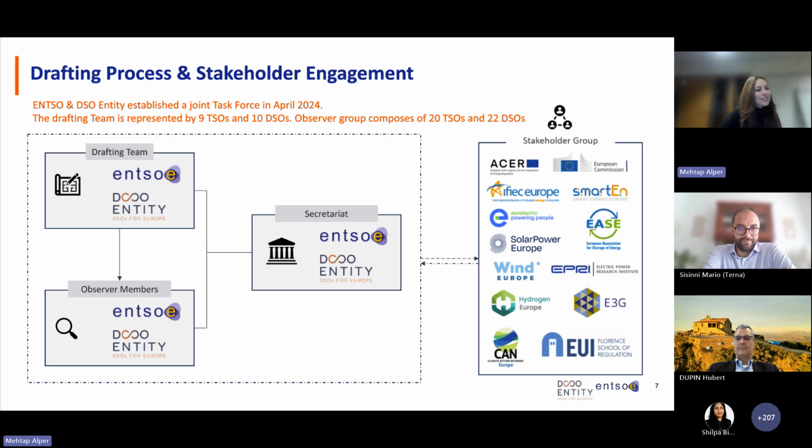And looking back to the process that we have carried out so far, really this methodology results from a collective and intensive 9-month period by a team of highly committed distribution system operator and transmission system operator experts. Throughout this intensive work and discussions, we made it a priority to maintain openness and transparency.